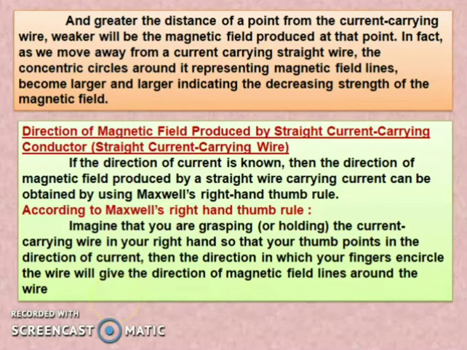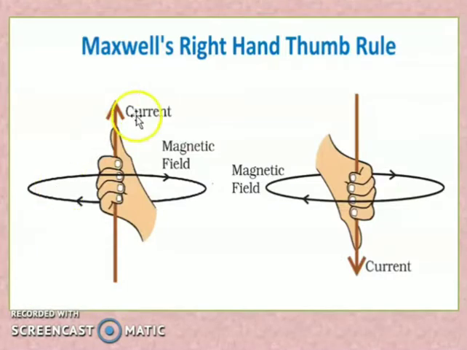Now you can see the picture. This is our right hand, and we are holding the wire. This represents the concentric circles. The thumb indicates the direction of the current, and the fingers that encircle it give the direction of the magnetic field lines.